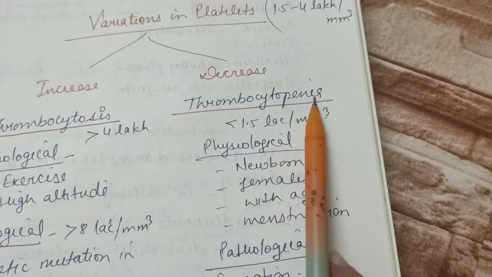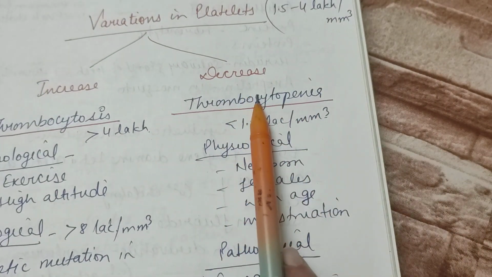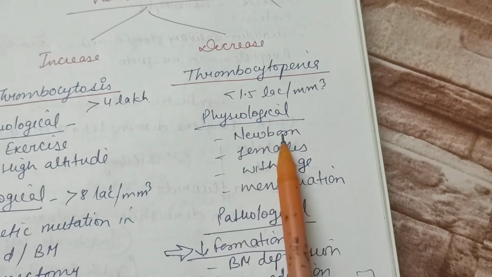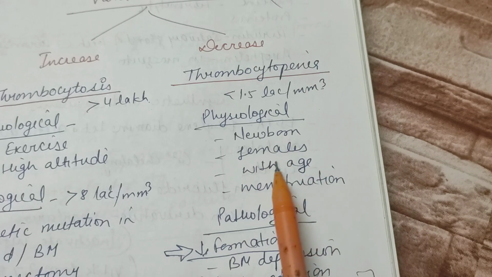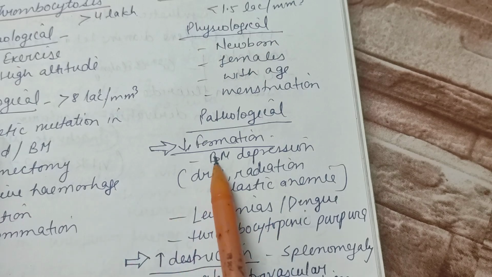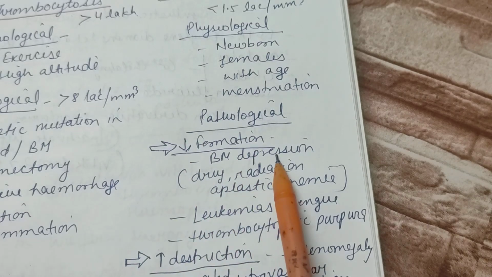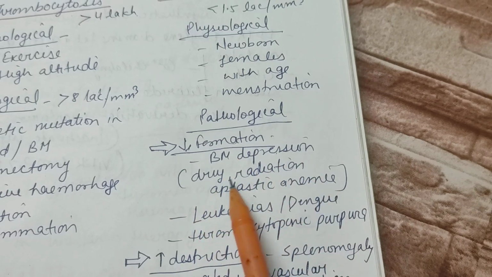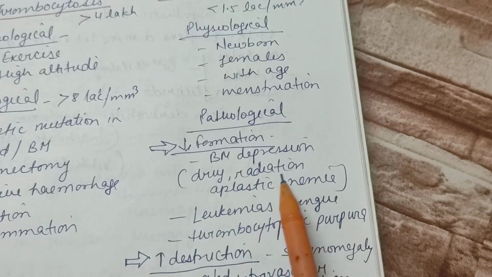And thrombocytopenia, which is reduced platelet count, can be fatal because it can lead to bleeding, less than 1.5 lakh per mm³. Physiologically, they are less in newborn females. With age, they reduce during menstruation. And pathologically, for example, production is decreased, like in bone marrow, which can be because of bone marrow depression, because of various drugs, radiation exposure and aplastic anemia, right?